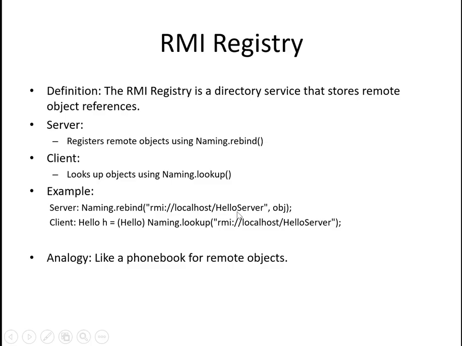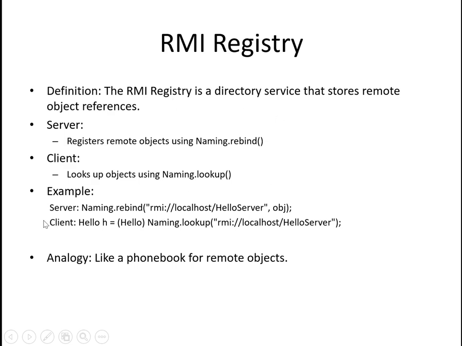This is like saving your friend's phone number under your friend's name. Similarly, I'm saving this object reference under the name hello server. That is exactly what is done in the RMI concept.